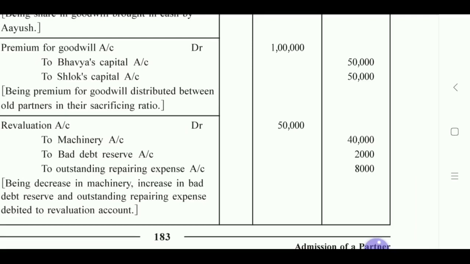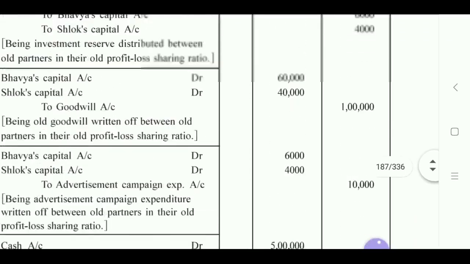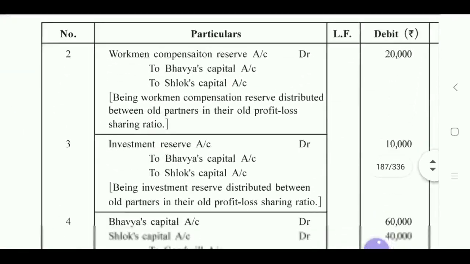Revaluation account debit again 8,000 to outstanding repairing expense account 8,000. Now the logic here is that instead of debiting revaluation account thrice, you can debit it only once and write a combined journal entry, which is practical. I hope now I am clear. Let us check the posting for this in revaluation account.